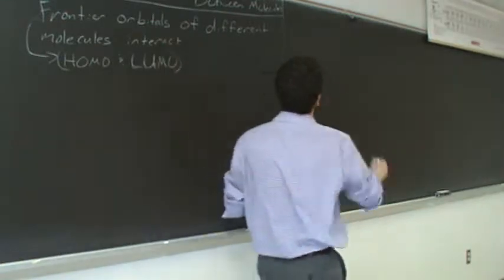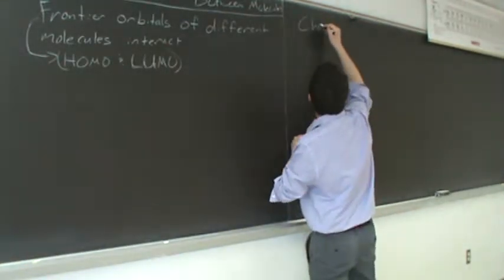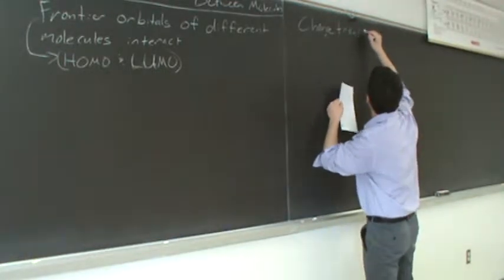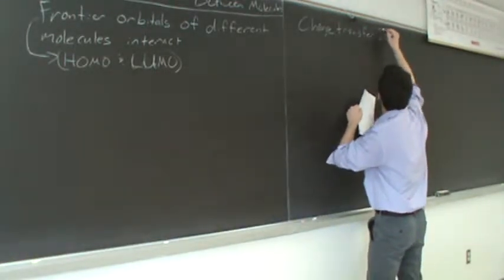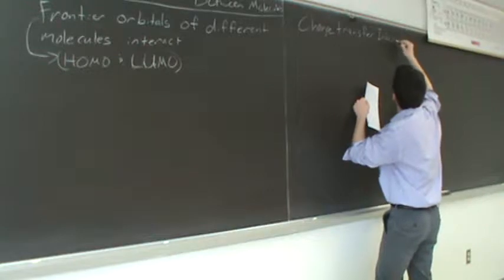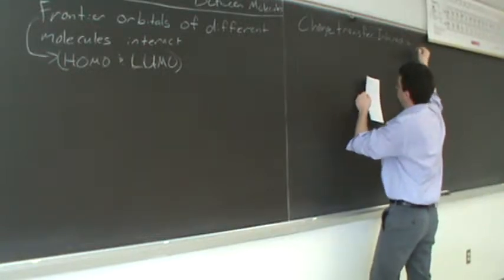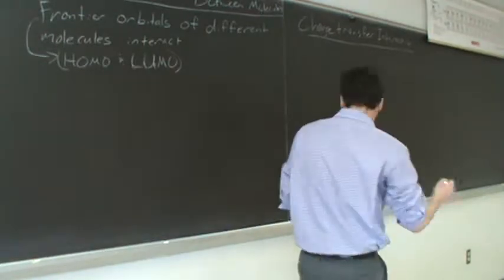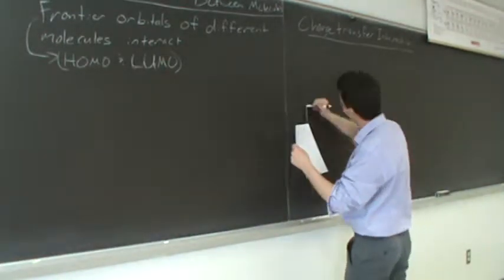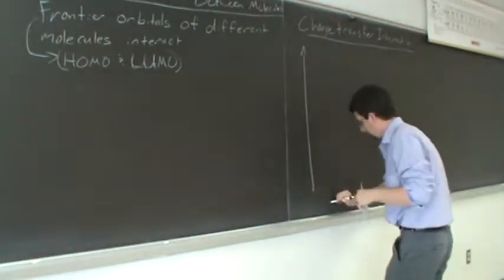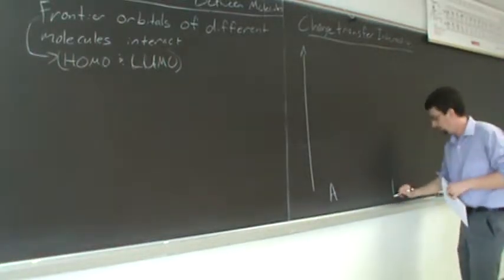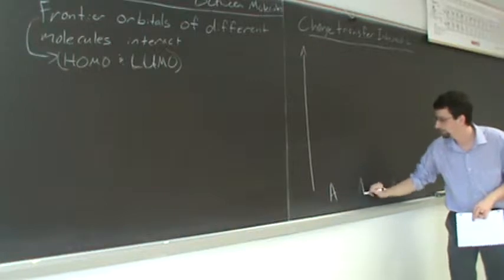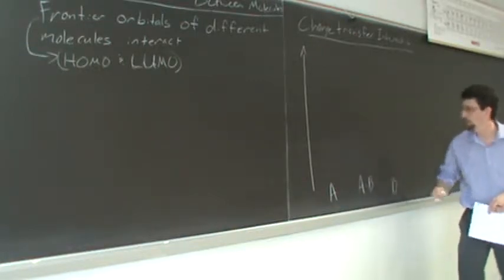So let's look at charge transfer interactions. We're going to look at 2 hypothetical molecules, molecule A and molecule B, and then when they interact with one another, AB.